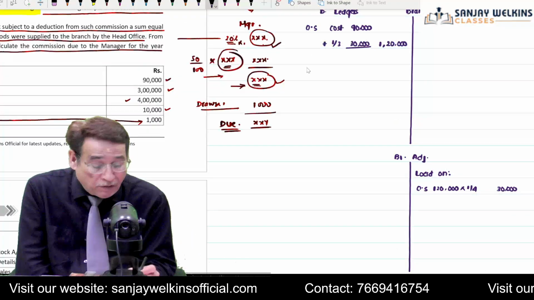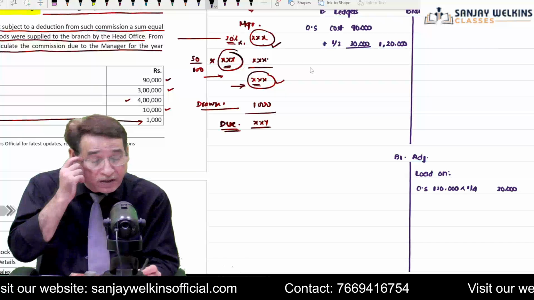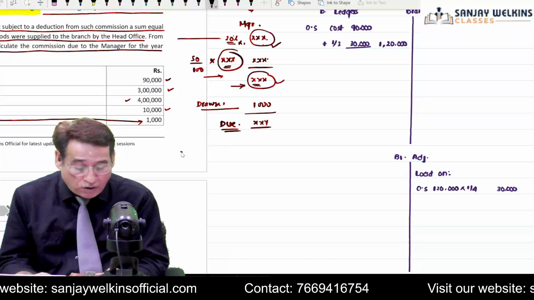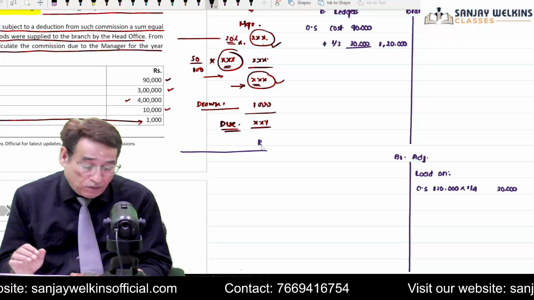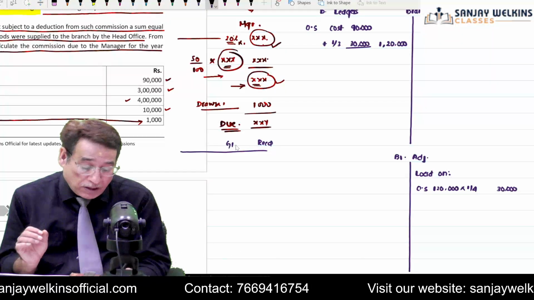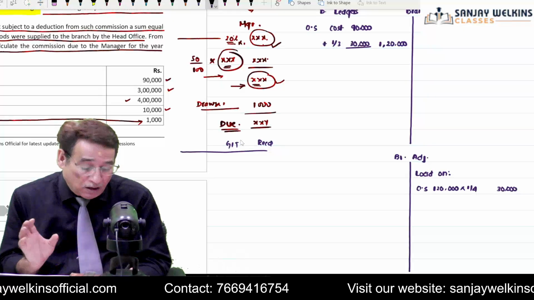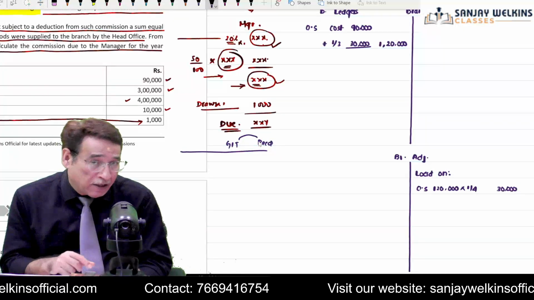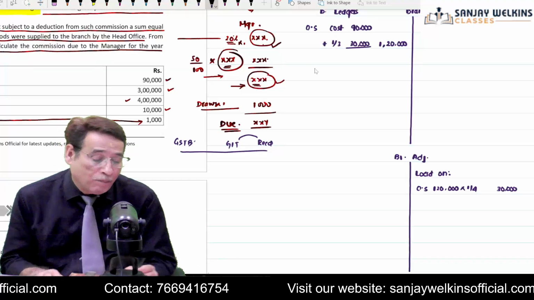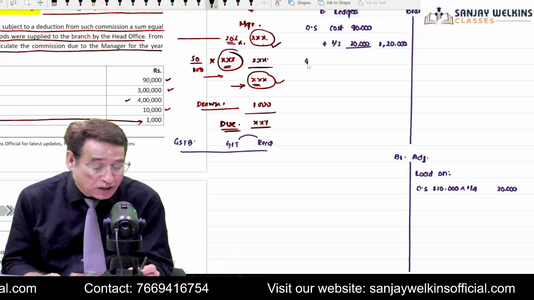We are getting the same amount of margin, 30,000. Now we are being given goods received. Suppose there had been some goods in transit in this question, then I would have added it to the received amount, and then I would have got goods sent to branch account, because here we are supposed to write goods sent to branch account.